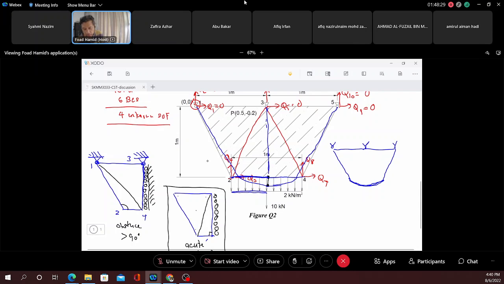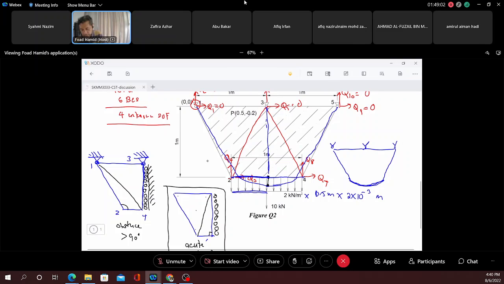So note now, this is 2 kilonewton per meter times the distance, which is 0.5 meter, times the thickness, which is in this case 0.2 times 10 to the minus 3 meters.